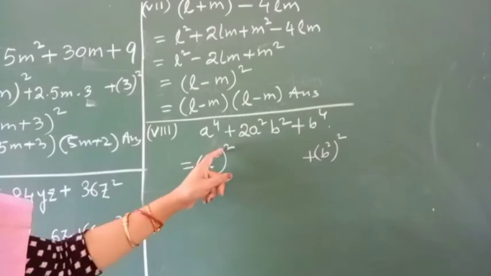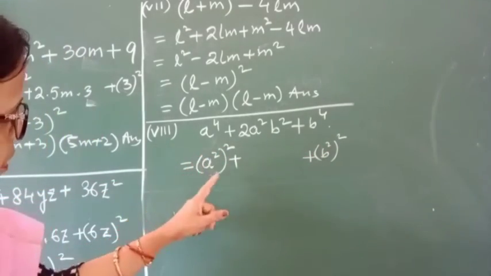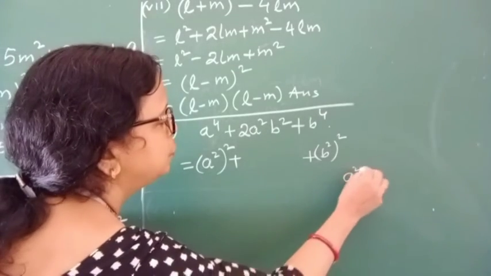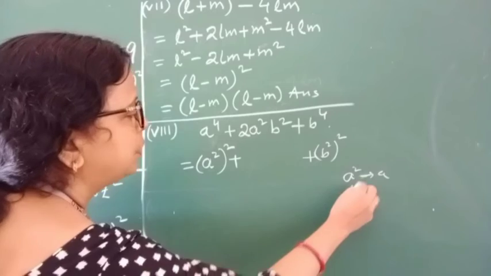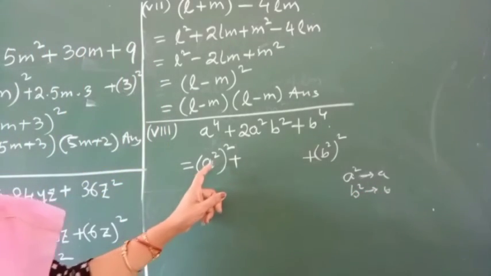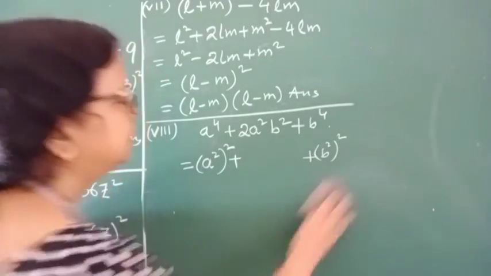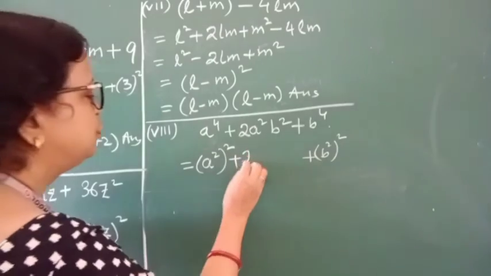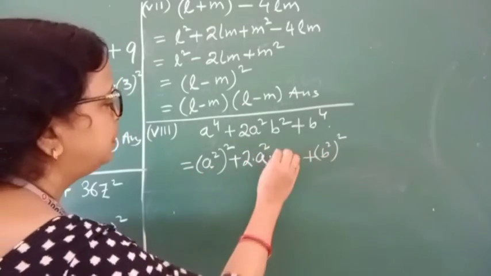A square whole square plus b square whole square. Now, a square is our a here. A square we are considering as a and b square we are considering here as b. So, a square plus b square. So, after that, then 2ab, 2 into a is our a square, you know, and b is our b square.